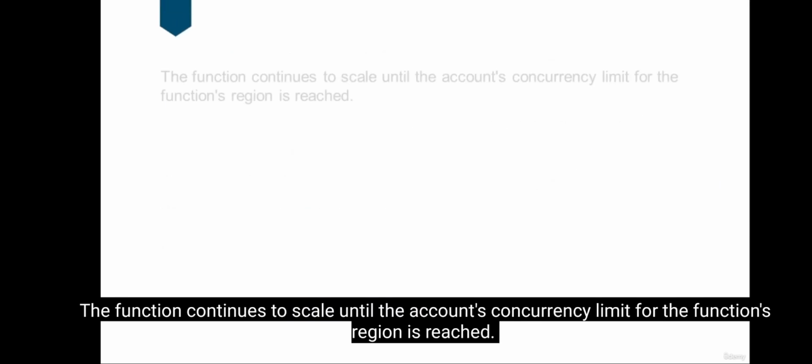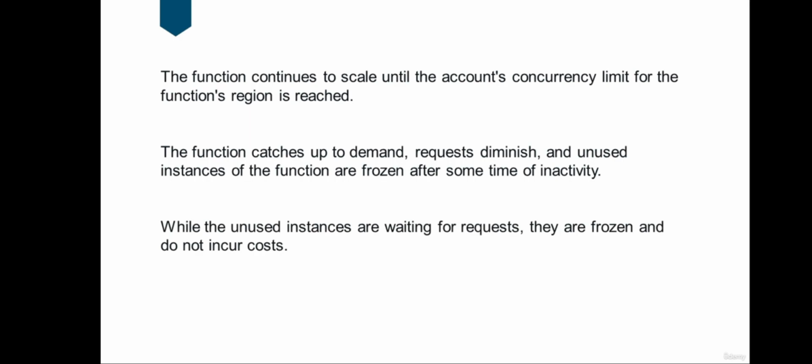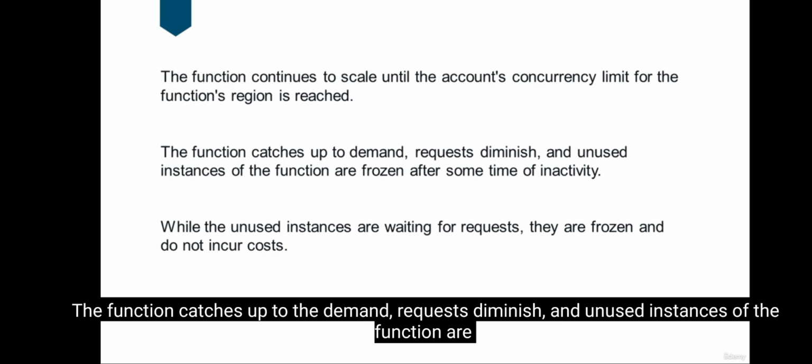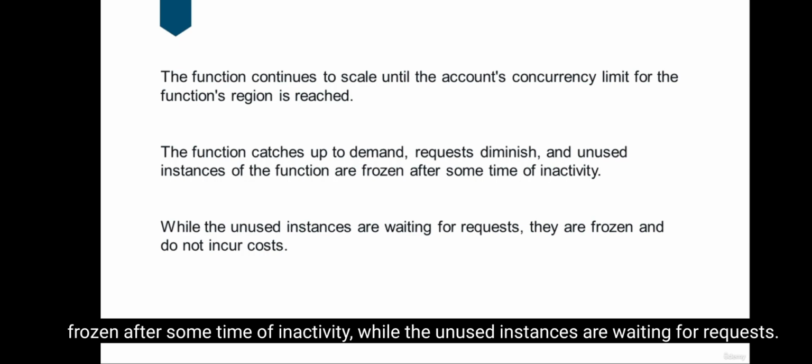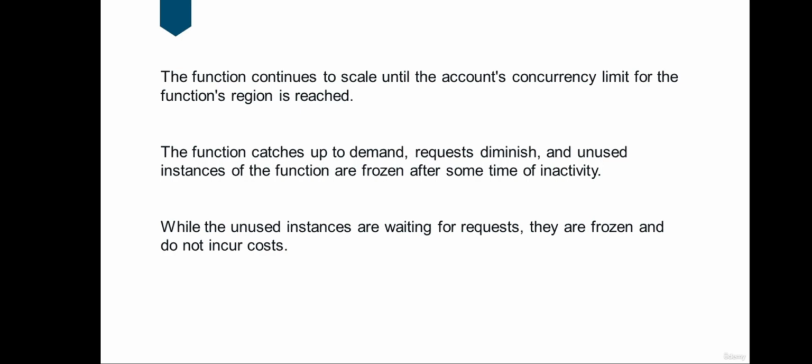The function continues to scale until the account's concurrency limit for the function's region is reached. The function catches up to the demand, requests diminish, and unused instances of the function are frozen after some time of inactivity. While the unused instances are waiting for requests, they are frozen and do not incur cost.